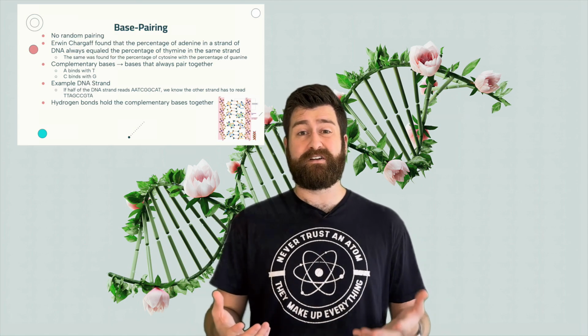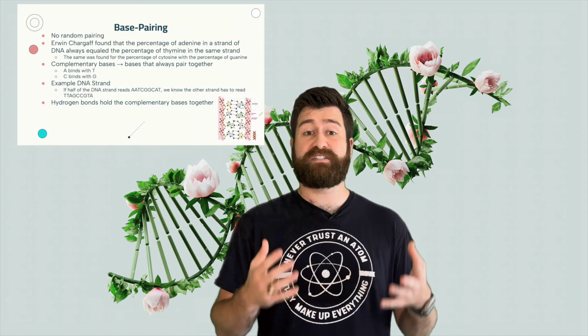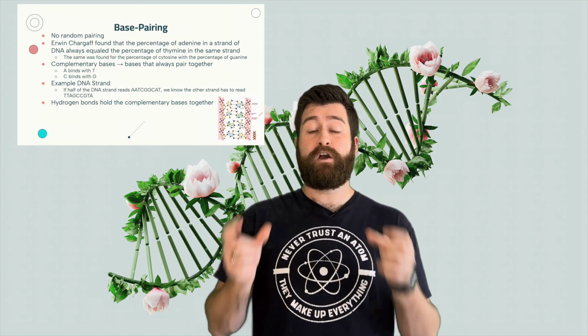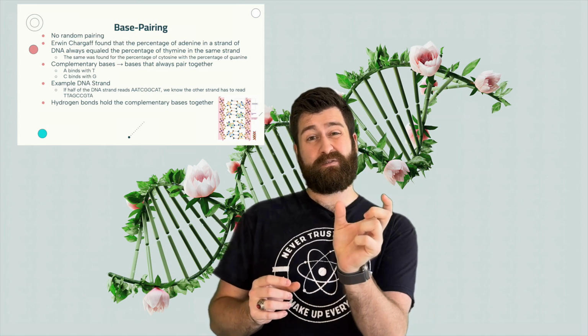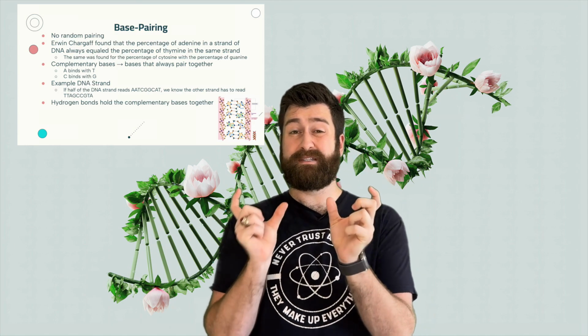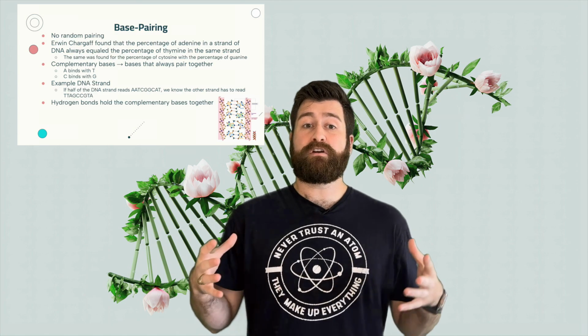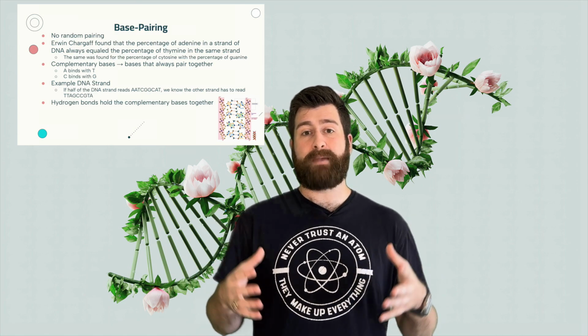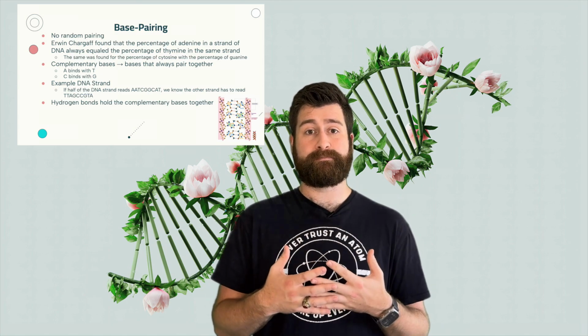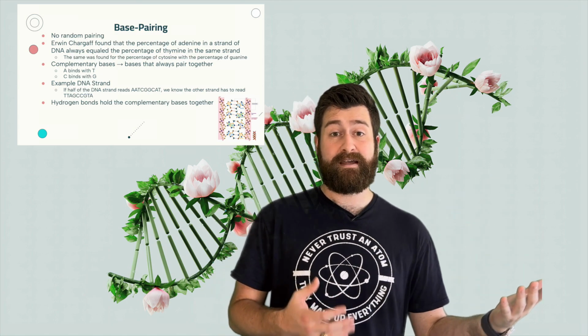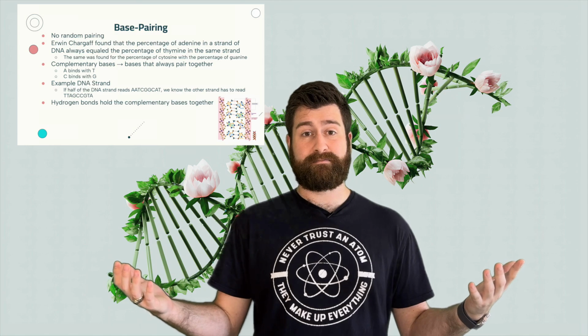After a bit more research, the same was found for the percentage of cytosine with the percentage of guanine within the same strand. So adenine and thymine always equaled the same amount, and cytosine and guanine always equaled the same amount. It was determined that these were complementary bases, which are bases that always pair together. They complement one another. Adenine binds with thymine, and cytosine binds with guanine.